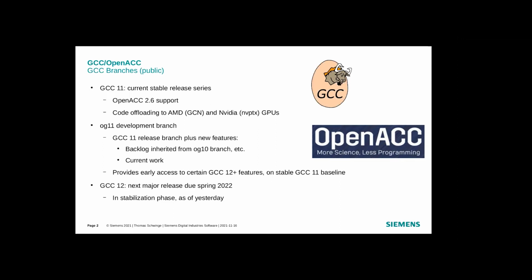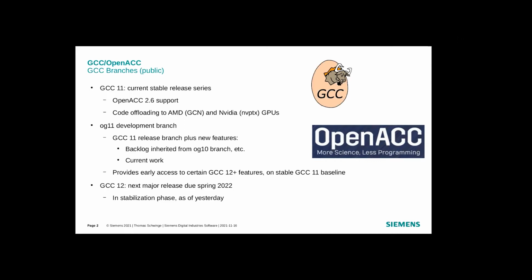The current stable release is GCC 11, which was released in spring this year, featuring OpenACC 2.6 support with code offloading to AMD GPUs and NVIDIA GPUs. On top of that, we maintain the OG11 development branch. O stands for offloading and multiprocessing, not OpenMP here.